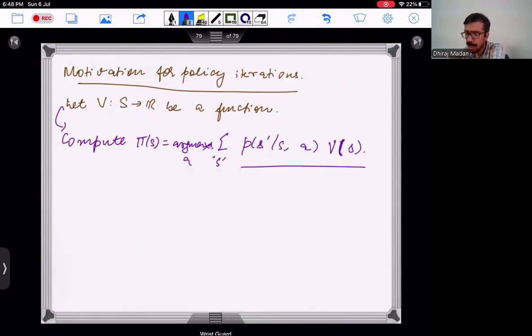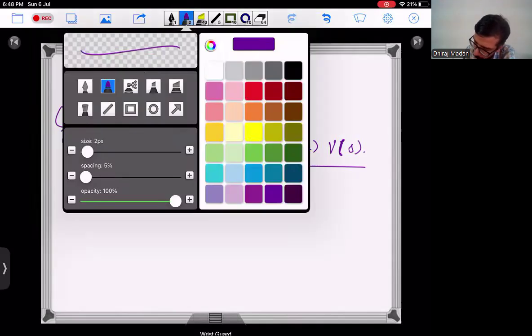So suppose V is any function, and let's compute a policy which optimizes the value of the next state, assuming that this is the optimal value. Okay, so let's say we have done that.